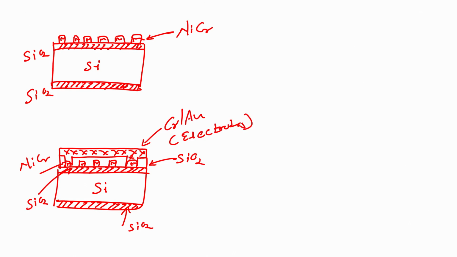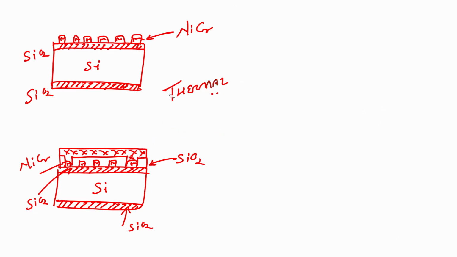You can see there are two heater contacts. Now I want to have electrodes, so for electrodes I will first deposit the metal using thermal evaporation.